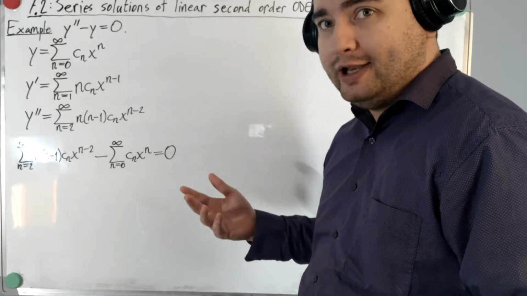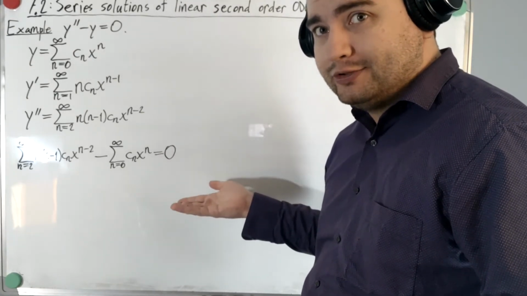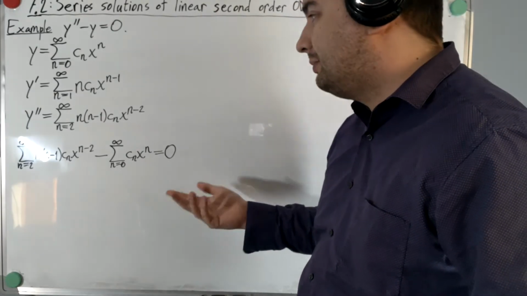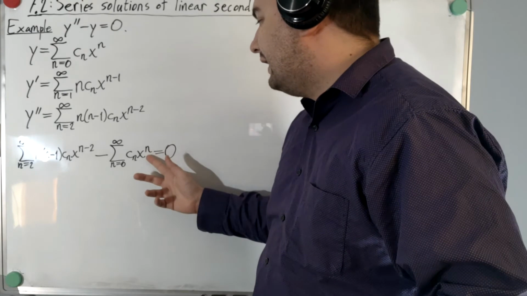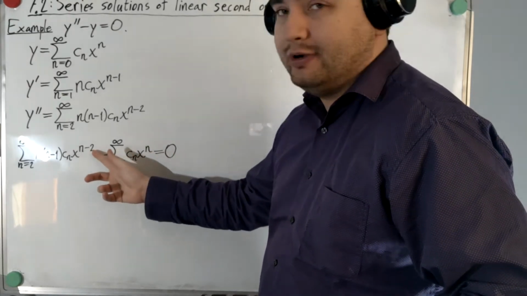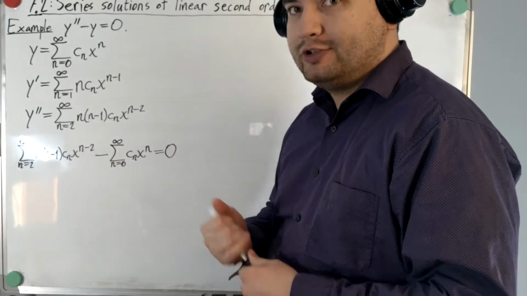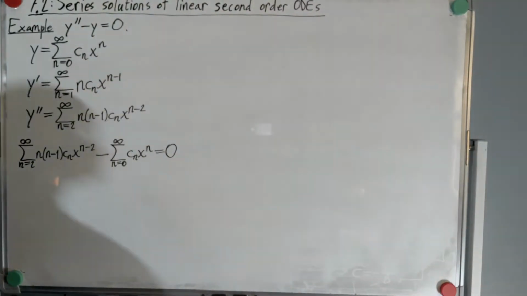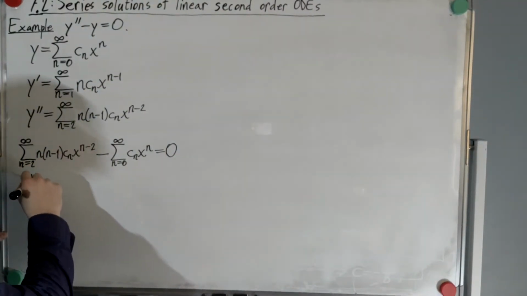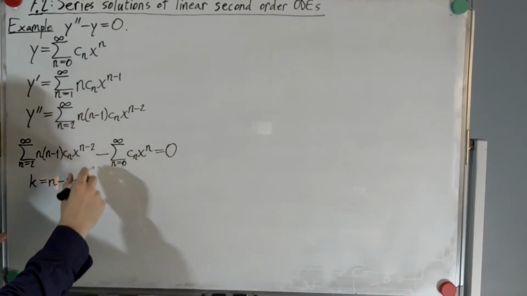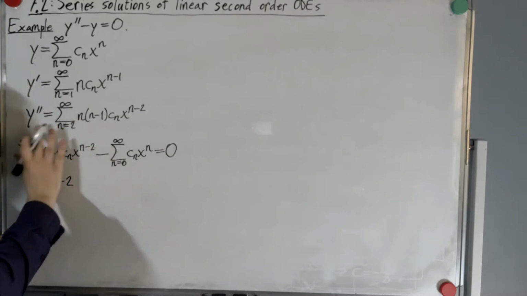So, in other words, we'd like to combine like terms. There is a problem there in that this x has n as its exponent, whereas this x has n minus 2 as its exponent. So what we have to do is a small change of variables. I'm going to define k to be n minus 2. And by the way, I'm only going to be working with the power series on the left-hand side.